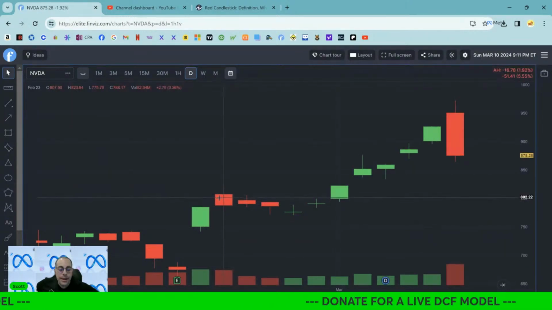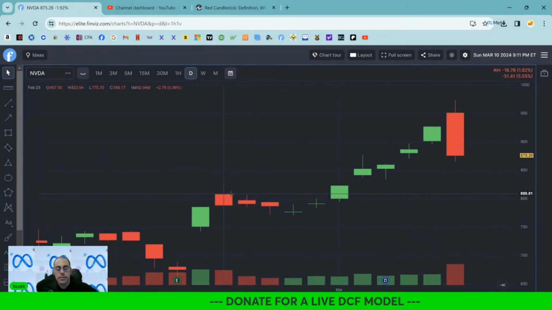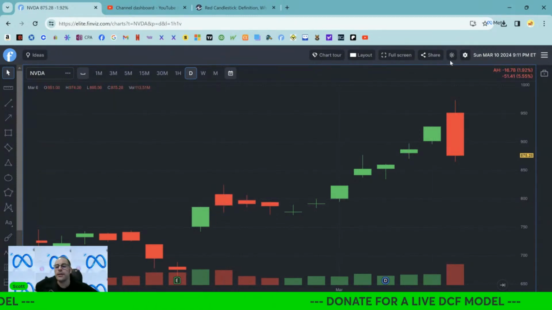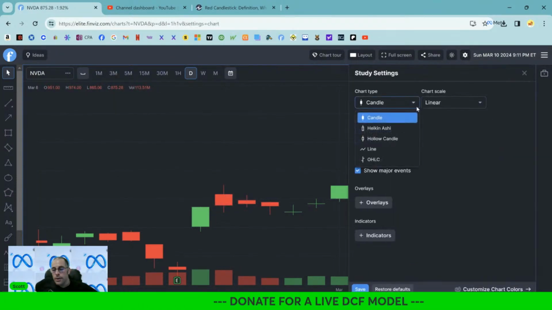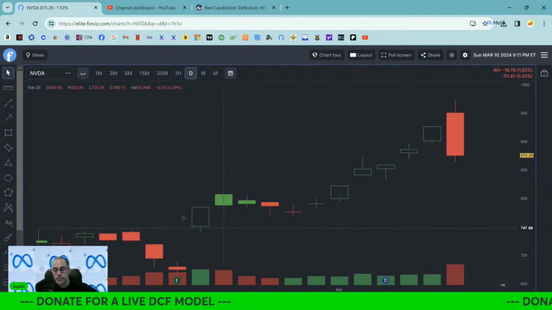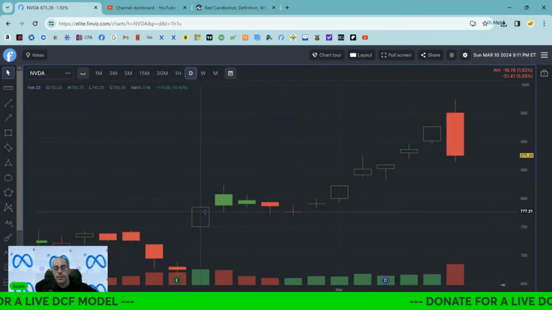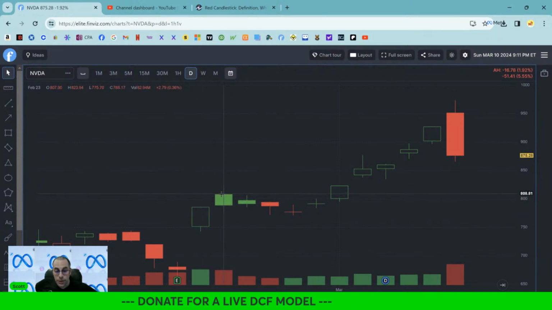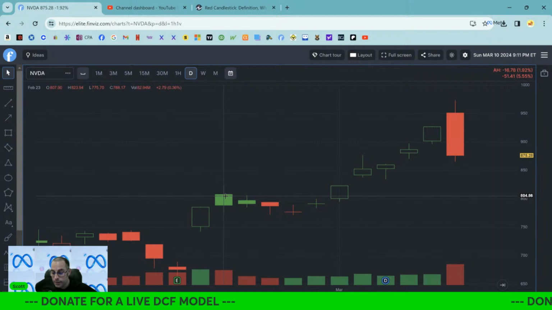So a red candlestick chart means it opened here and it closed here. It's pretty straightforward. Regular candlesticks are very straightforward, very easy to understand. Hollow is a little different. Since this is filled in, this chart, that means it was a bearish day, even though it's green.